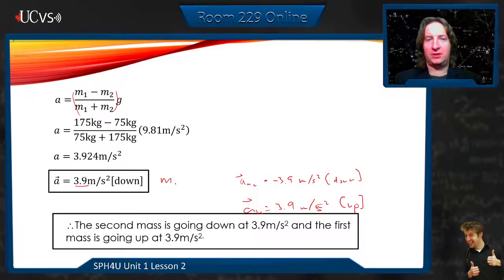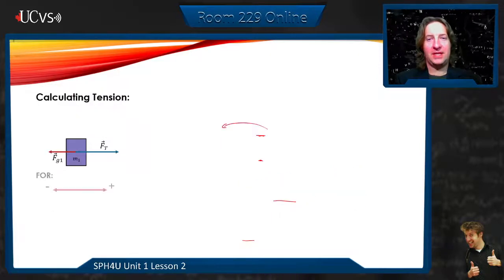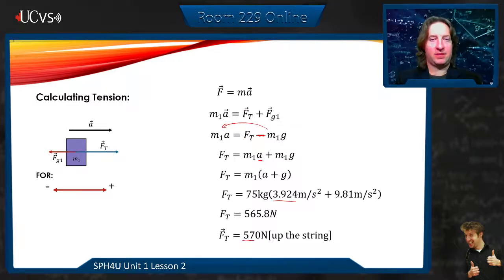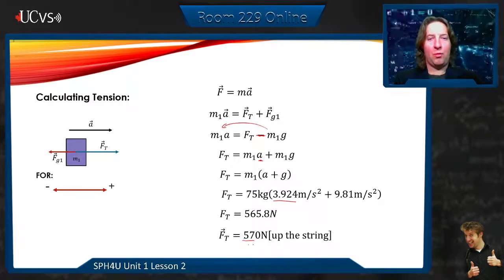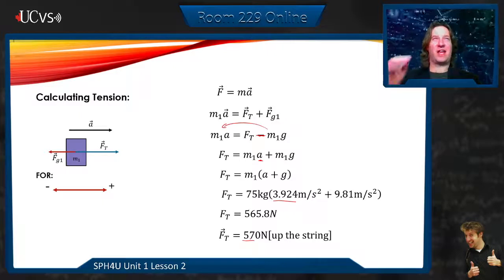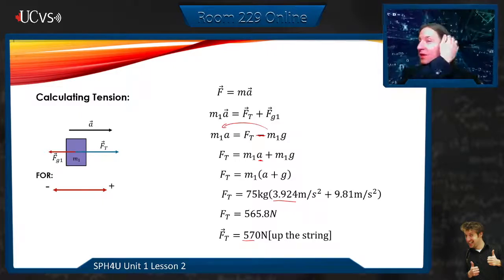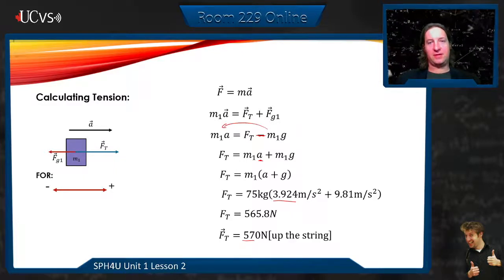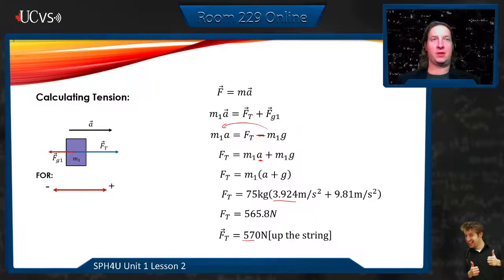I rounded it to two significant figures. But when I plugged it into my problem here, I kept all the significant digits. We only round for our significant digits at the very end of the problem. Otherwise, you keep a couple extra, at least one, so that we don't have rounding errors as we go through.